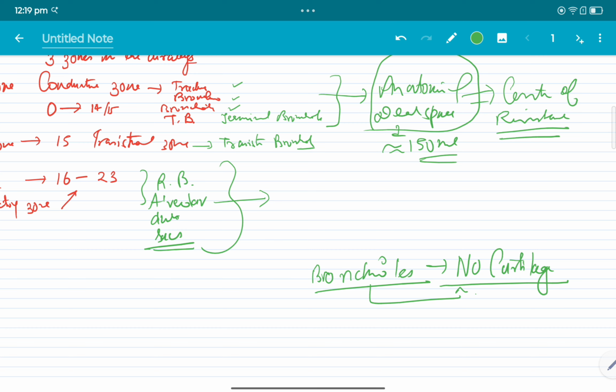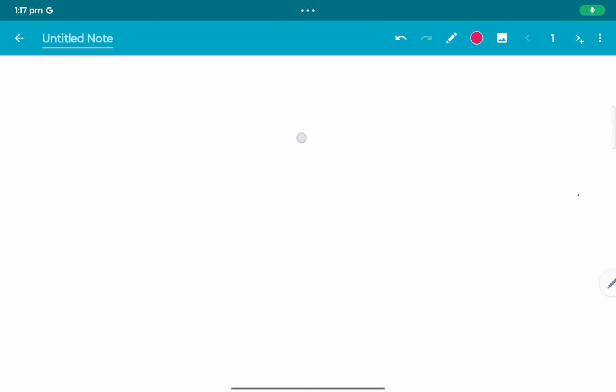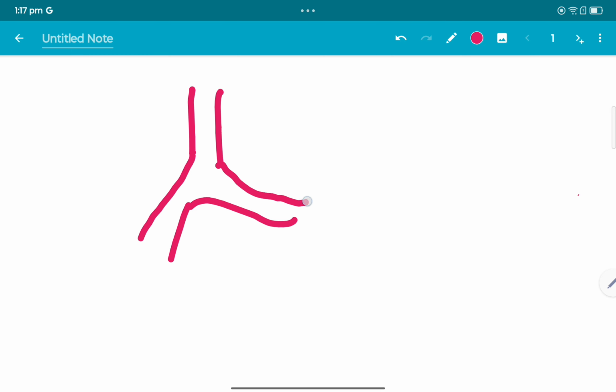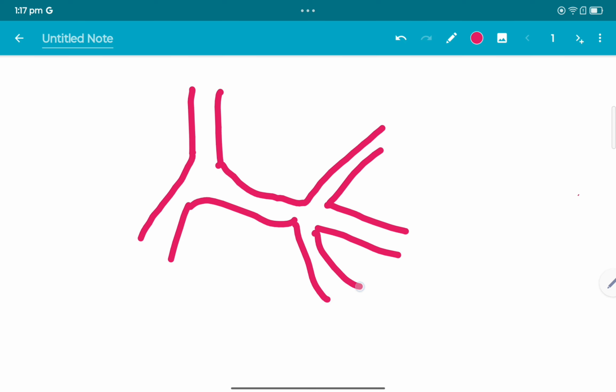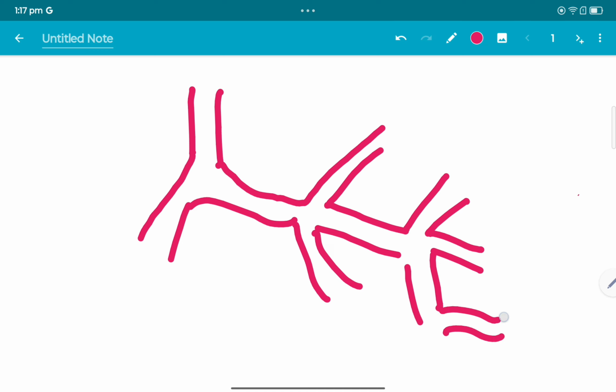But in case of disease state, these change. So in the airway system, the trachea divides into bronchus, then to lobar bronchus, then to segmental bronchus, and then to bronchioles.